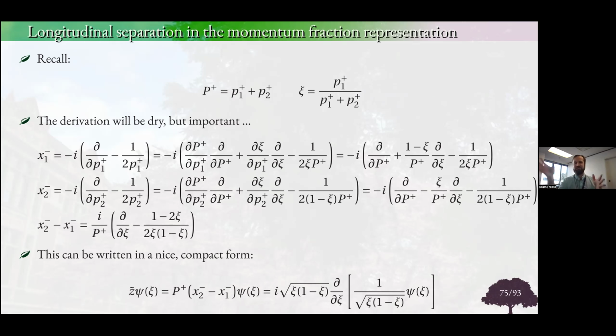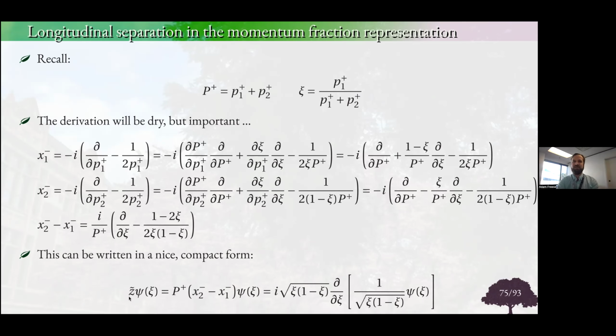It's invariant under all of your light front boosts, so it's a good thing to use as an argument in your light front potentials. But longitudinal separation is not by itself boost invariant. However, classically, P plus times a longitudinal separation is a good number. It is boost invariant. And actually, P plus and this separation commute, so this is a good quantum mechanical operator too. So we denote it z tilde.